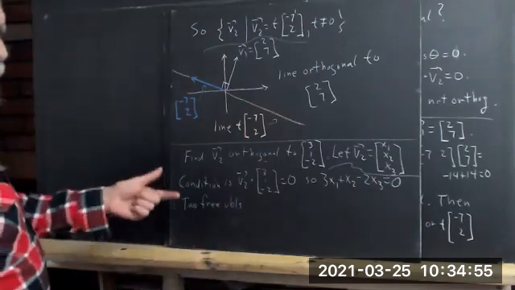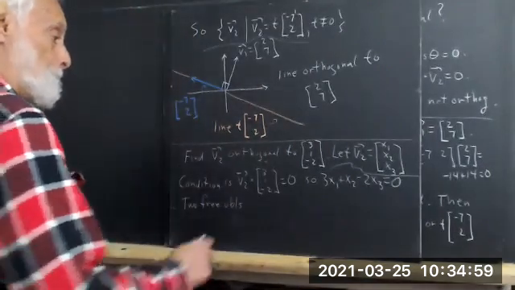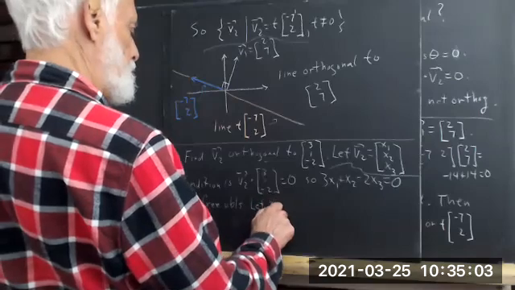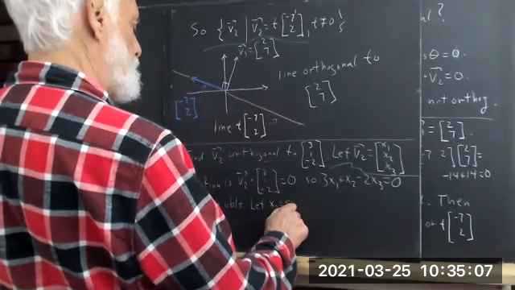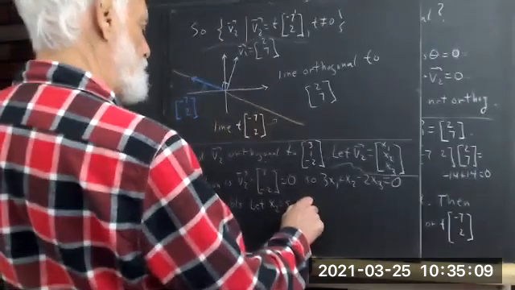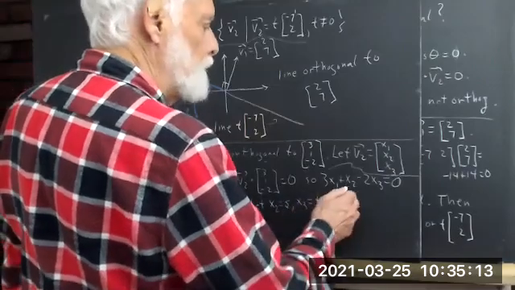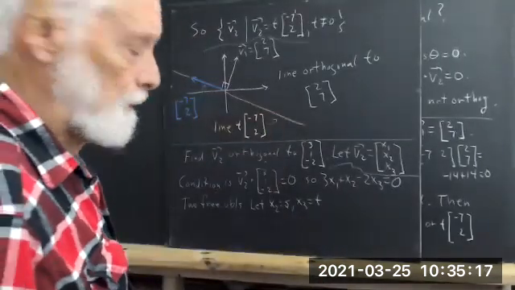And at this stage, things should be pretty familiar. Where do we go from there? Okay, we can choose any two of these, and that determines the third.